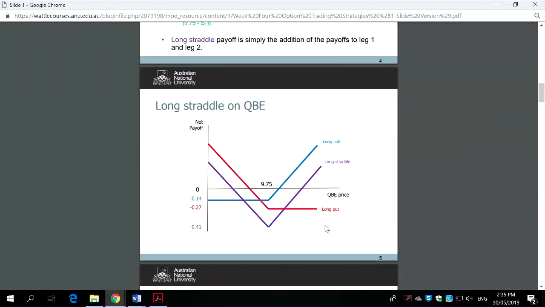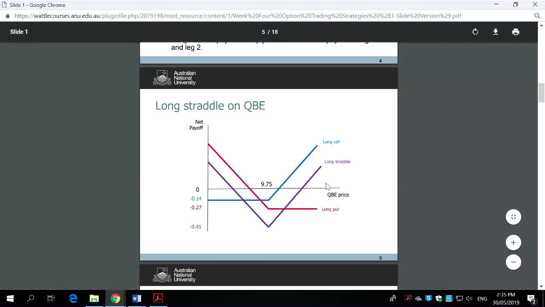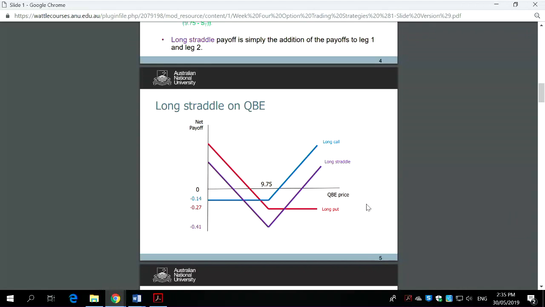So long straddle, we buy a call, we buy a put, we have a V-shaped payoff. Basically, the way it works is you would hope for a large volatility in the underlying assets, right? Because large volatility is likely to push the price to be either really high or really low. If that's the case, you're making money on both sides, on both the left-hand side as well as the right-hand side. Okay, so that's the long straddle.